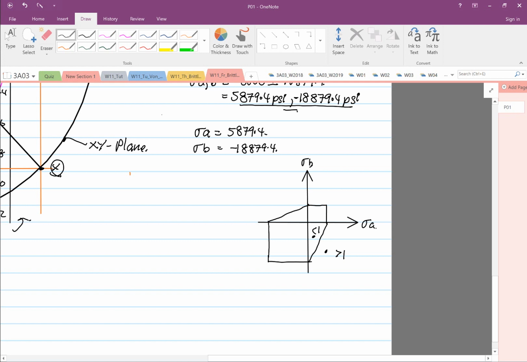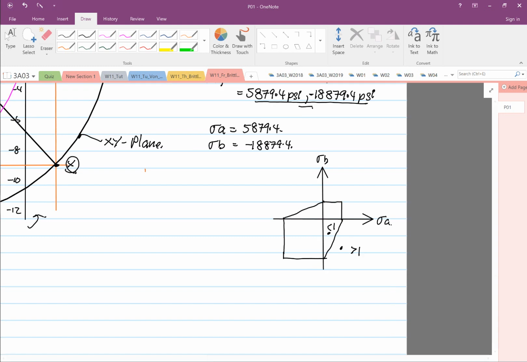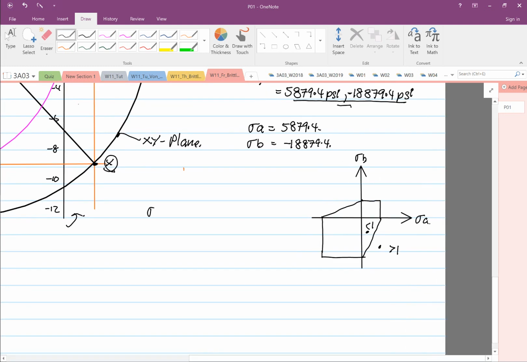So now we put in our values. So we have stress A. The formula that we're going to use is stress A over ultimate tension, minus stress B over ultimate compression. So stress A is equal to 5,879.